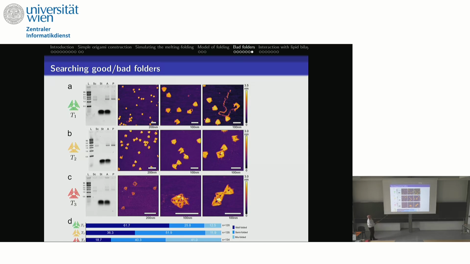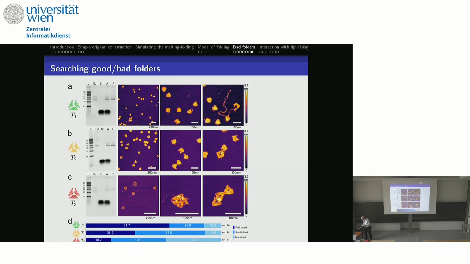The AFM images seem to corroborate the hypothesis that all these 4 measures are telling you something about the folding. And these are the histograms. Deep blue is well folded. For this scaffold, it goes up to 60. And for the badly folded, this goes up to 18 only.